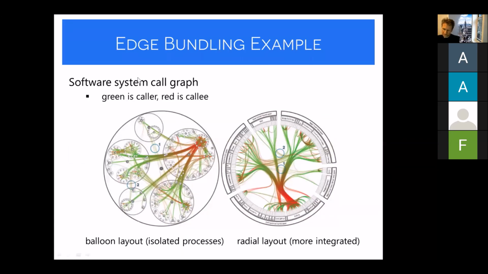This is another example of edge bundling, where you have these individual hierarchies in a call graph. Instead of having them as individual radial diagrams that are just connected, you fold them out. This one folded out, this one folded out, this one folded out.